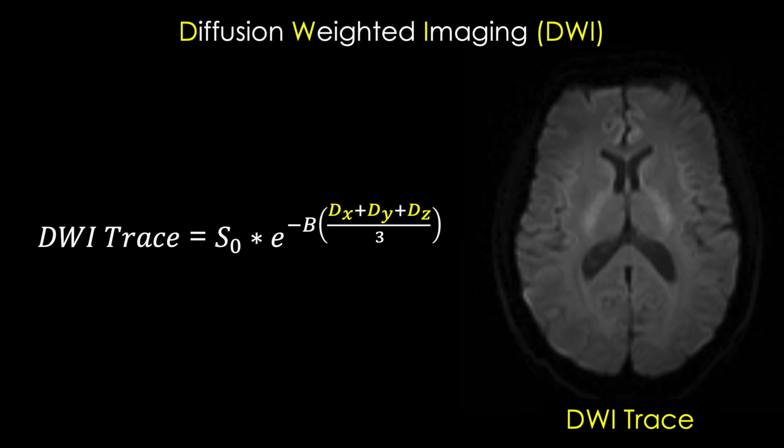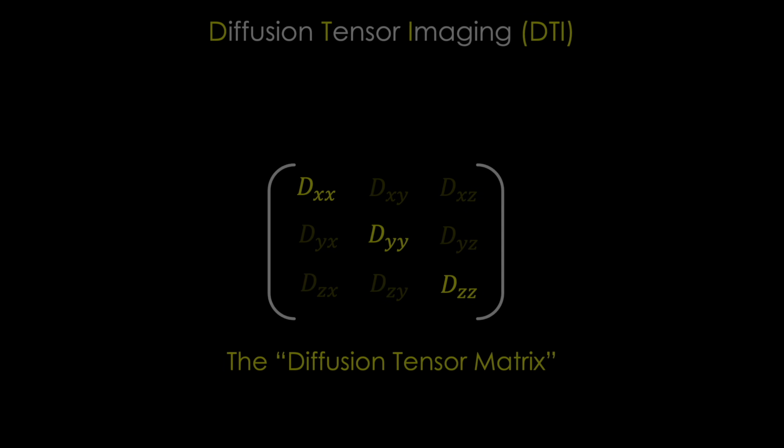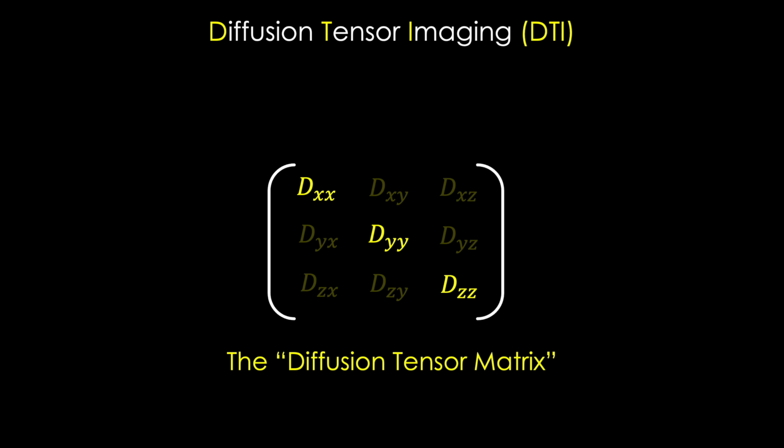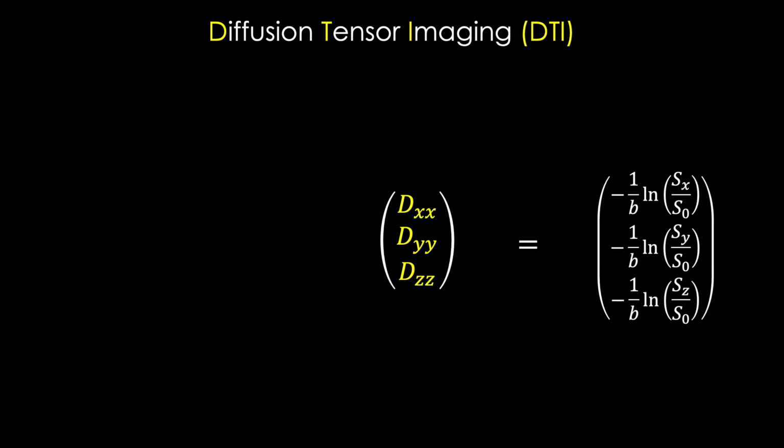Aha! This is why we call this image our DWI trace, because we only apply gradients along our x, y, and z axes to generate it. Therefore, it only contains the diffusion coefficients in the direction of our axes dxx, dyy, and dzz, simplified here. And as we said before, the best thing about these diagonal elements is that they're easy to solve for. It's simply these independent equations.